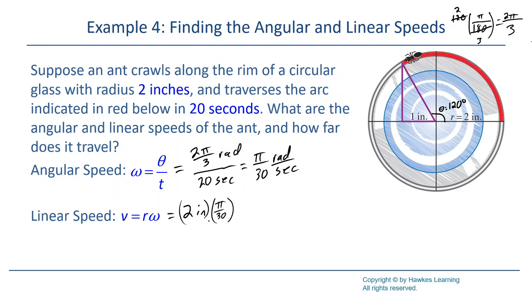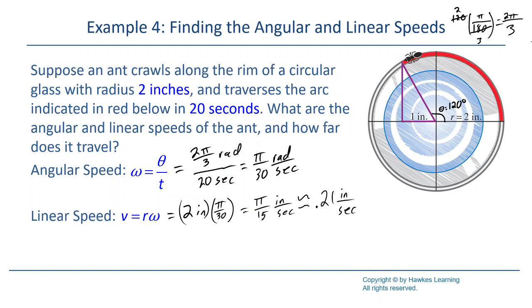The reason I'm not bringing in the radians per second is that when I multiply this, I get that this is equal to pi over 15 inches per second, which is roughly 0.21 inches per second.